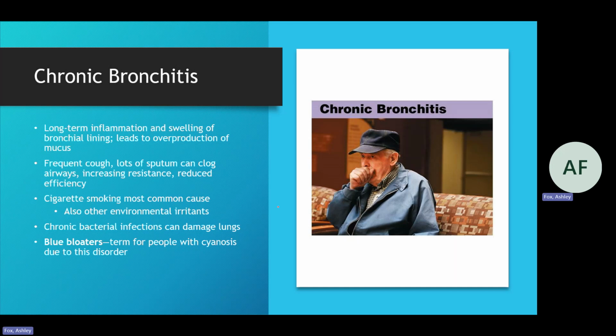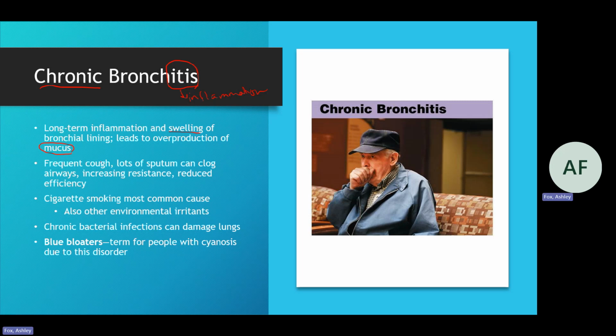Lastly is chronic bronchitis. Whenever you have an itis term, that's inflammation. And chronic means long term. So long term inflammation, and so you have swelling. Again, when you have irritation and chronic swelling and inflammation of the airways, you're going to try to protect the lining by making mucus.